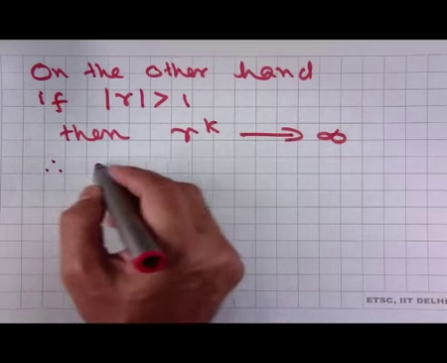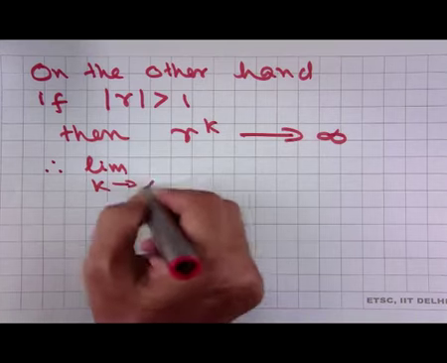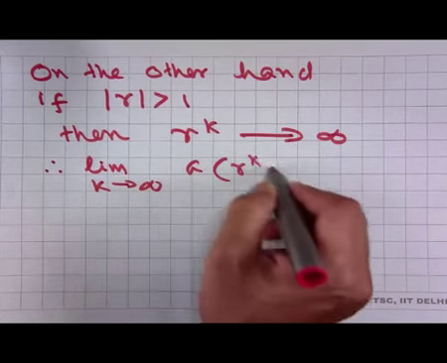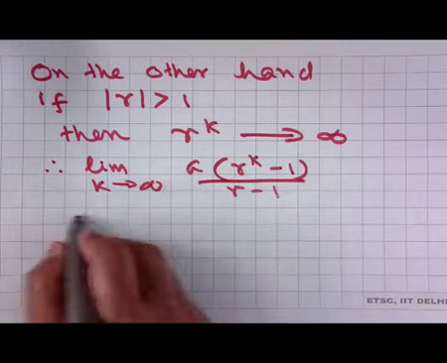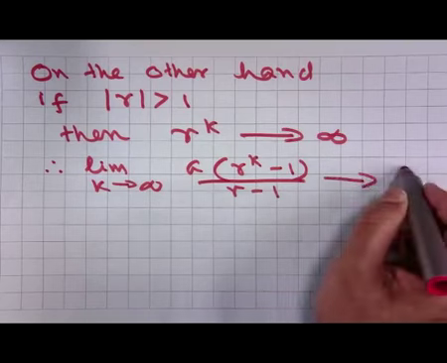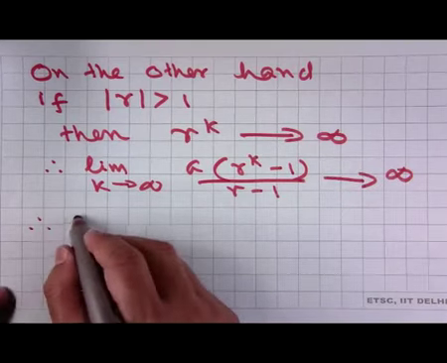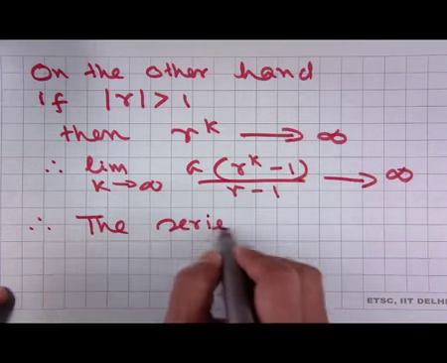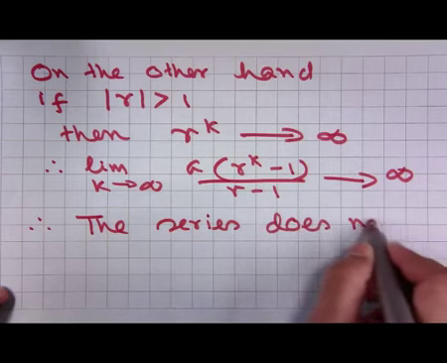Therefore, limit k goes to infinity, a into r to the power k minus 1 upon r minus 1 is infinity, and therefore, the series does not converge.